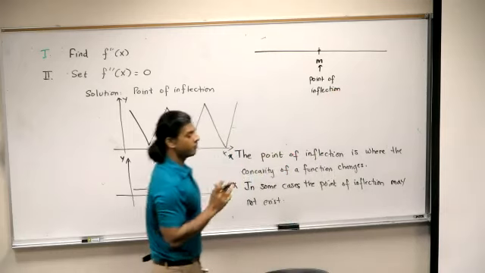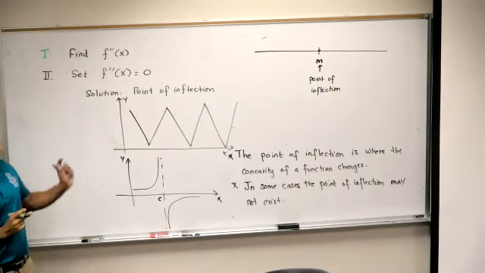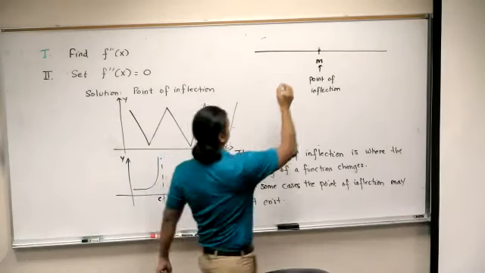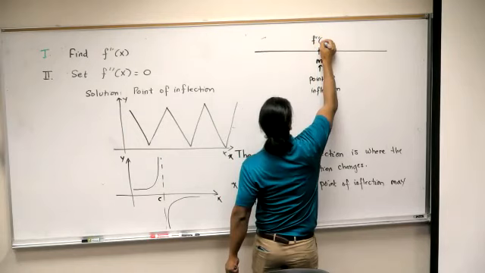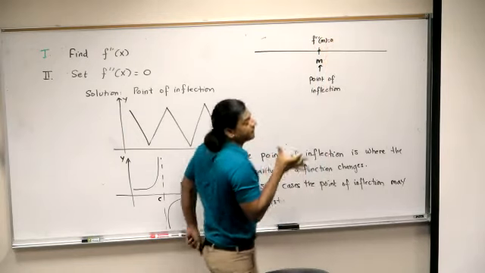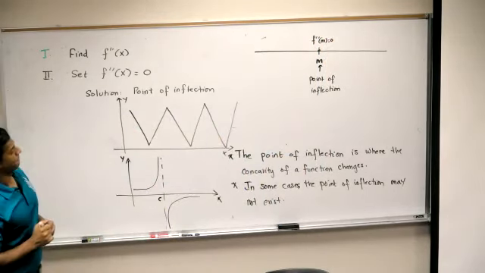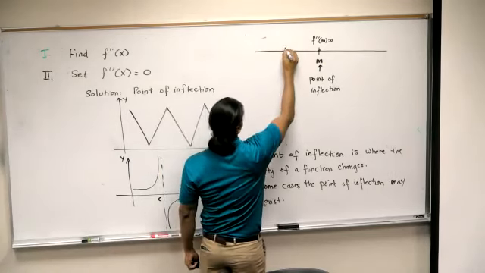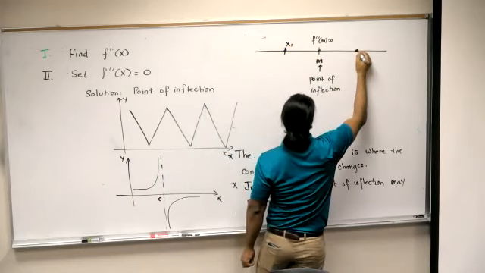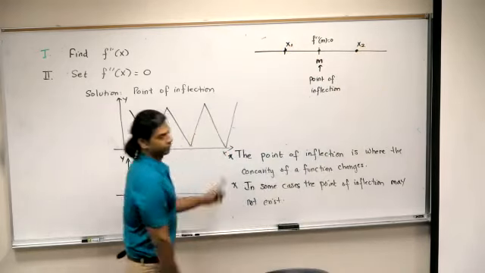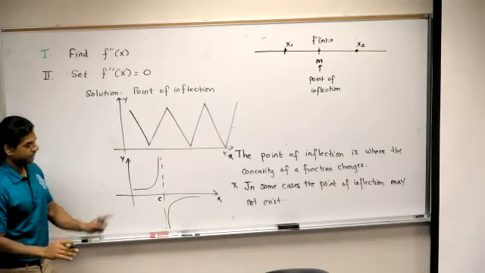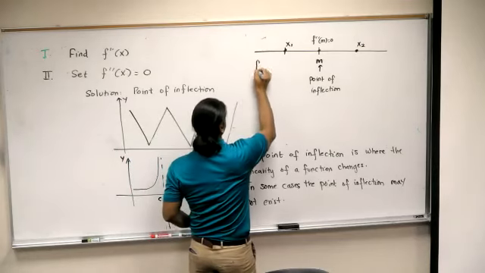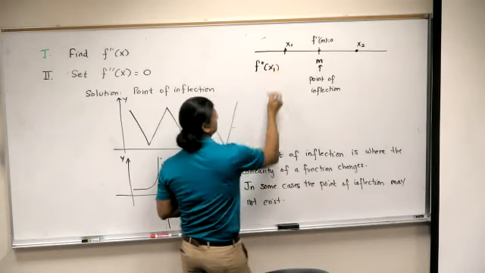What is the value of the second derivative at the point of inflection? Zero. Because it's the point at which it starts changing concavity. So pick a test point, an easy one, to the left and to the right of the relevant line about the point of inflection. Plug that value into the second derivative.